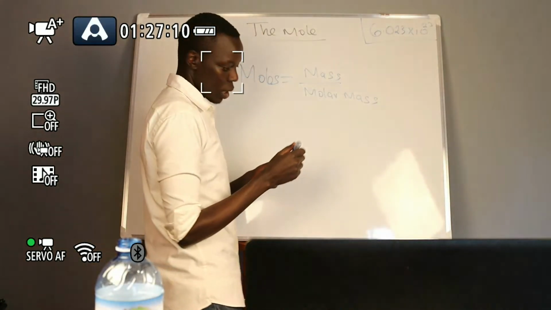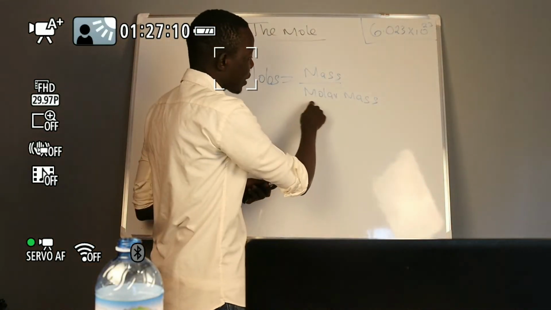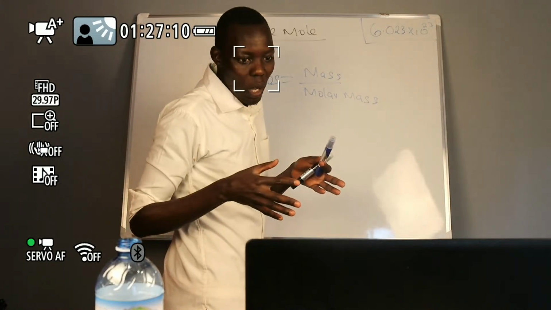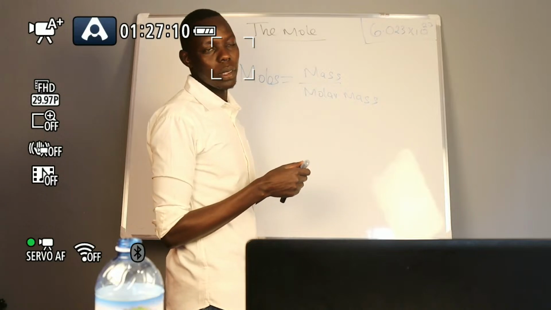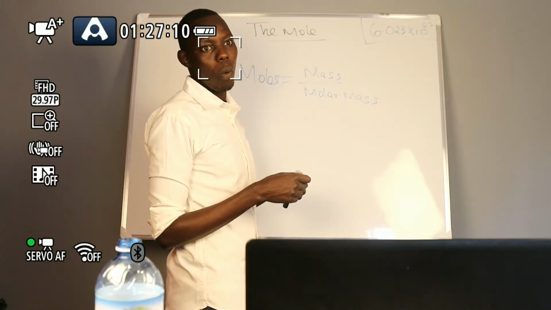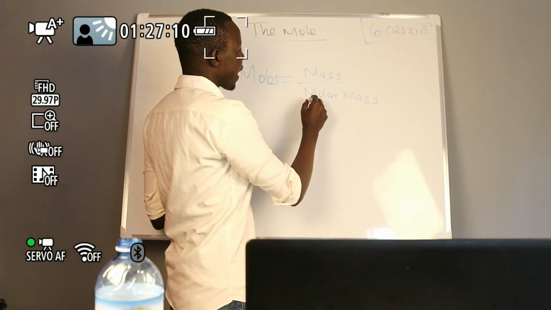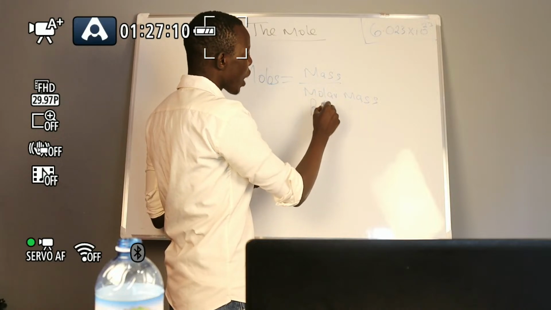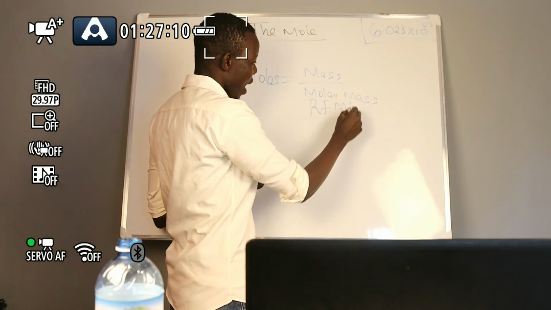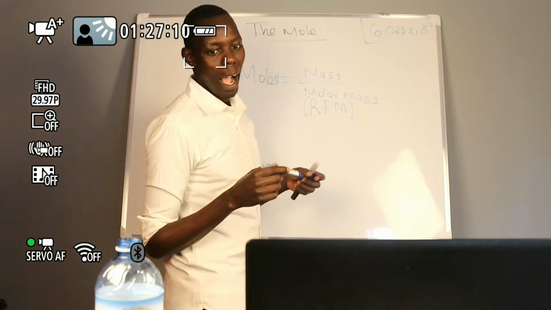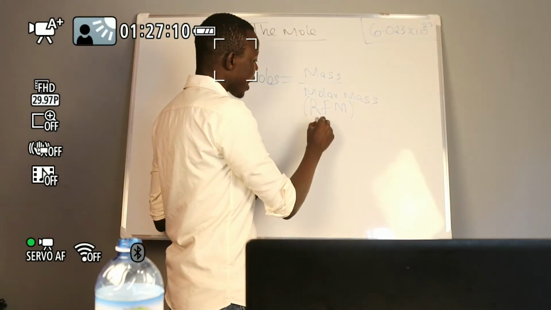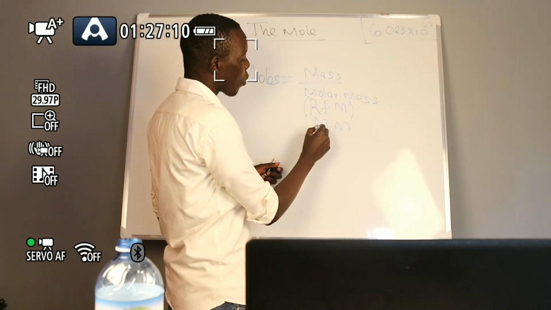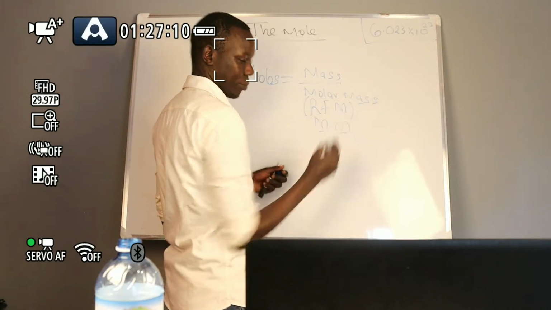When I say molar mass, this molar mass belongs to an atom. But if I will be talking about a compound, I will talk about relative formula mass, RFM, or I can also talk of molecular mass, which is MM. MM stands for molecular mass or molar mass.